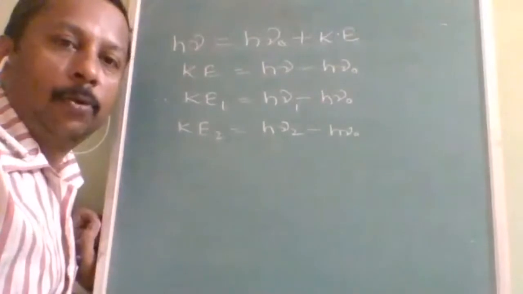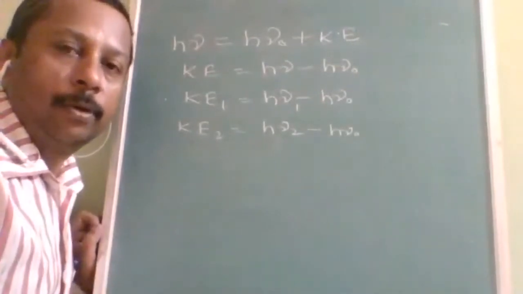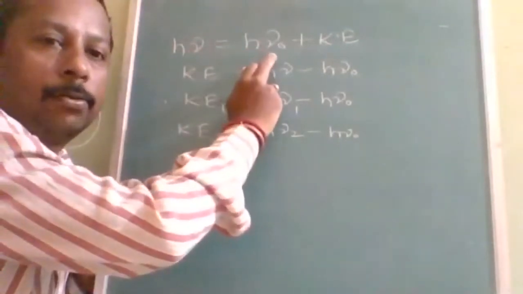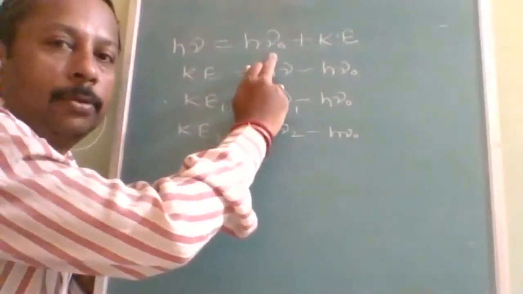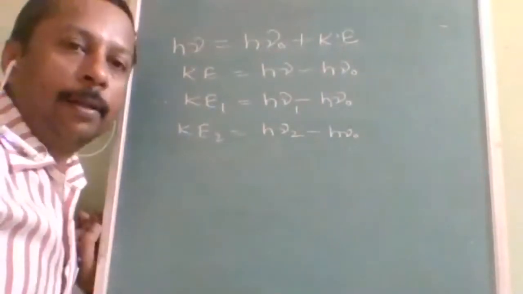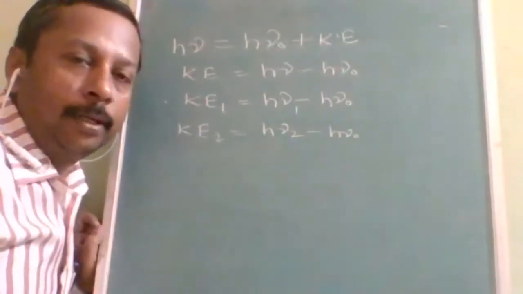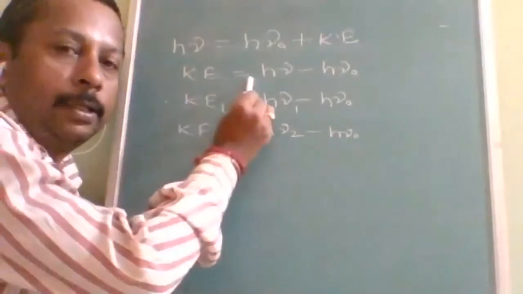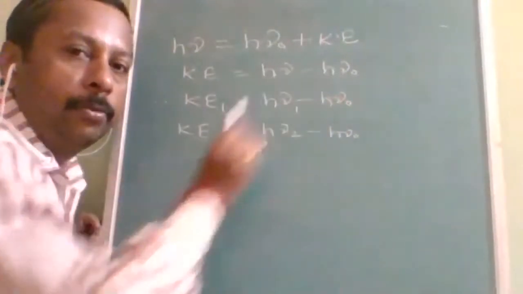Already we know the formula: the incident energy h nu is utilized first to remove the electron, h nu naught, and the remainder is converted into kinetic energy. Here the question is more related to kinetic energy, so I am taking kinetic energy as reference. Kinetic energy is equal to h nu minus h nu naught.